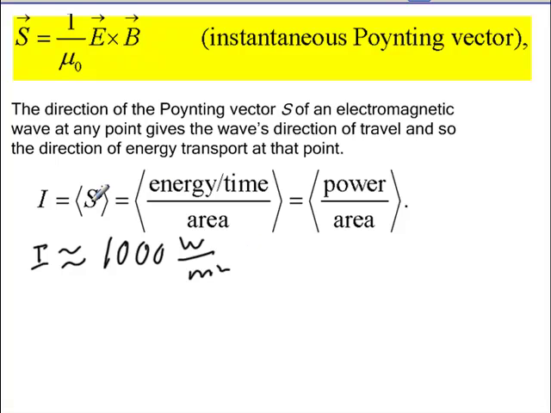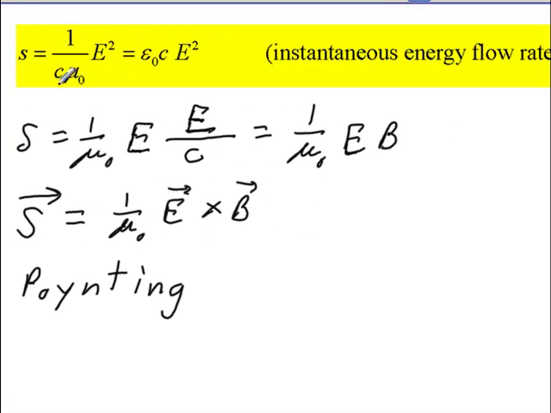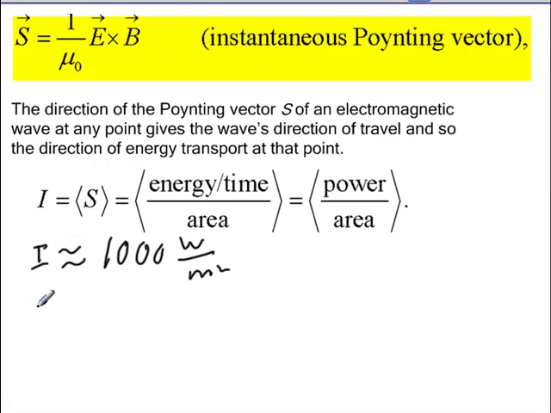Now we can take this formula for the intensity and combine it with this formula for the Poynting vector. So let's take a look at that. We know the Poynting vector is 1 over mu naught c times the electric field squared, but to make it intensity, we take a time average.